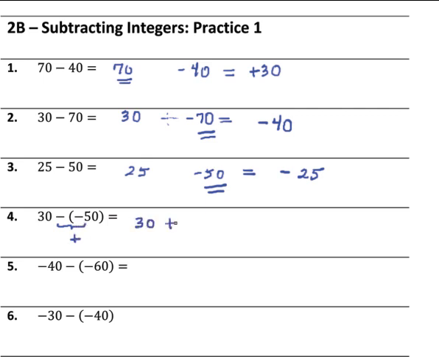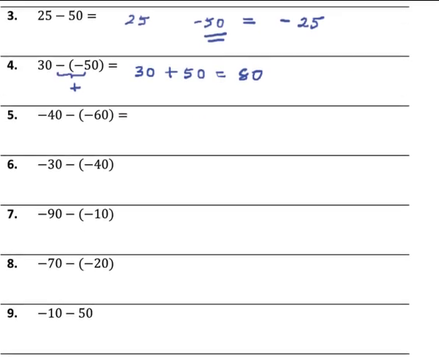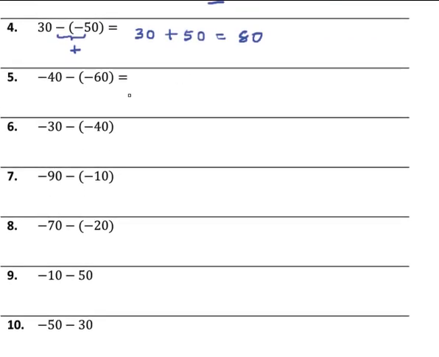And we're doing 30 plus 50, which is 80. In number 5, again, subtracting a negative, turn that into one single plus, so we have minus 40, and this turns into minus 40 plus 60. Positive, negative being added, subtract, sign of bigger. When we subtract, we get 20. And that'll be positive 20 because 60 is larger than 40.